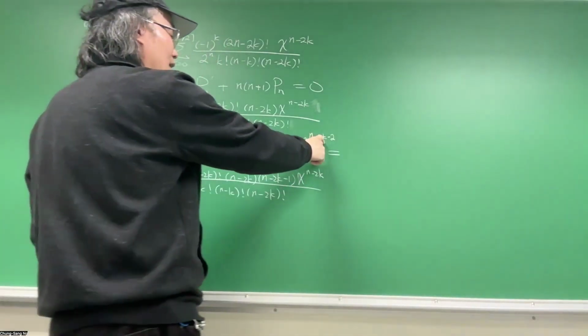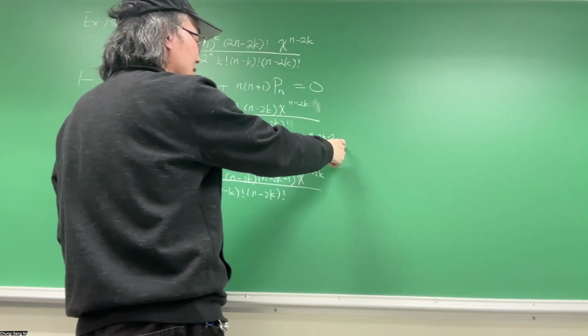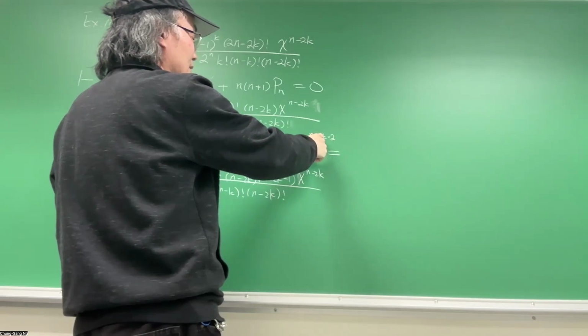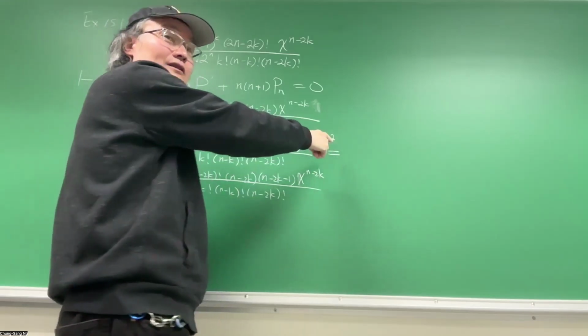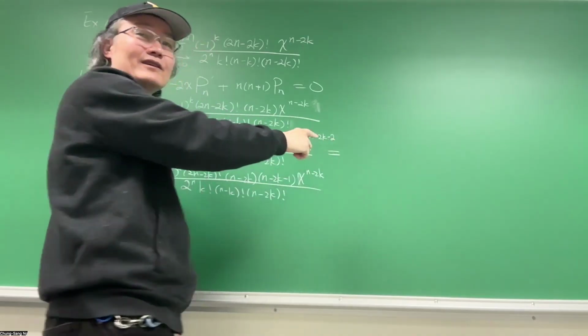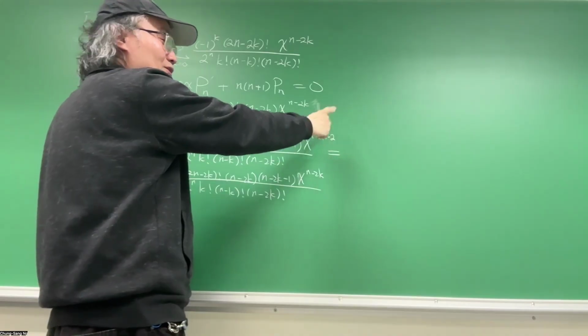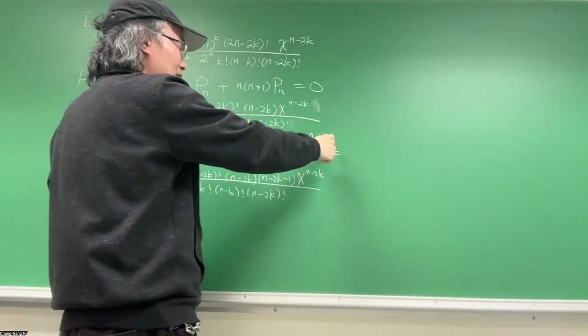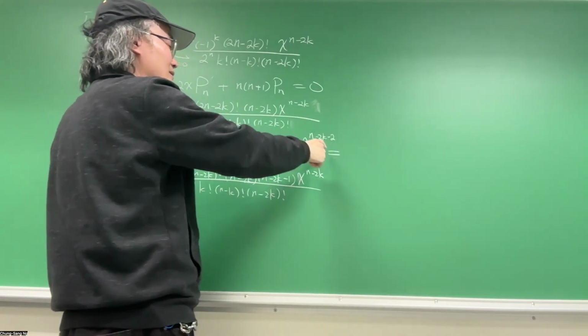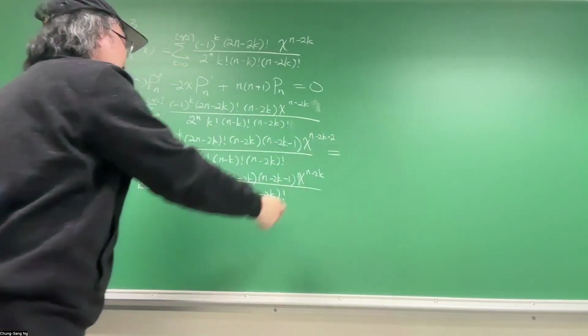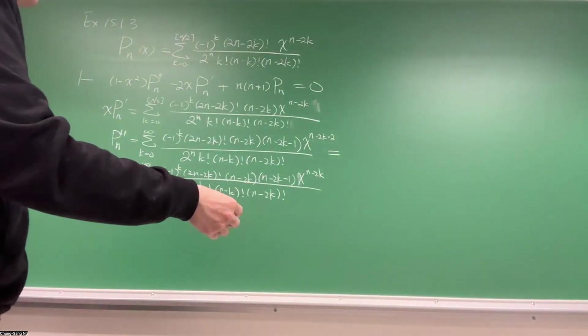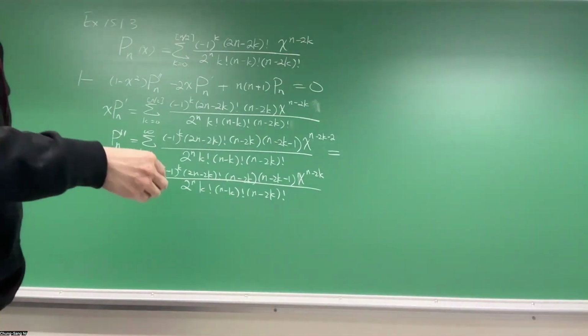If your old k is the new k minus 1, then you cancel this minus 2 factor. You see that? So this is crucial. So shift the old k to your new k. The old k is new k minus 1. So that will cancel this one. So whenever you see k, it becomes k minus 1.